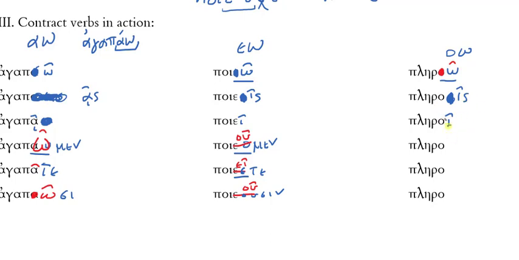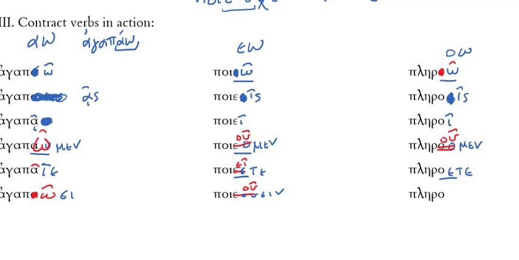Third singular does the same thing, but just minus the sigma. Plerei. So he fills. Plero plus omen for first person plural. What does omicron become? Omicron upsilon. Plerumen. Plero plus the second plural. So after we fill, it's y'all fill. Plero te. What's omicron epsilon contract to?